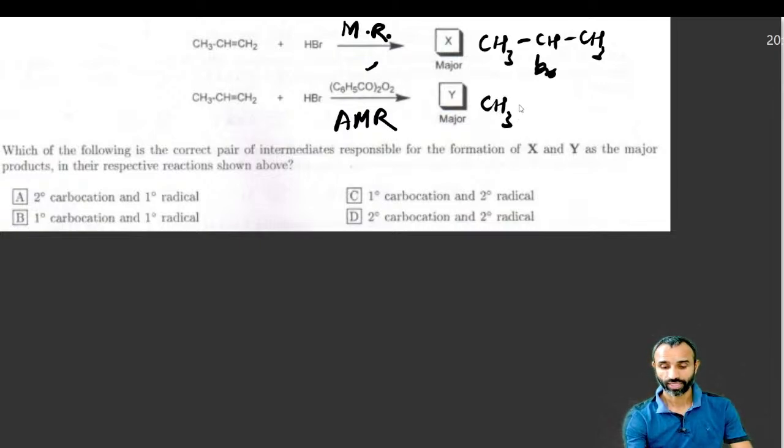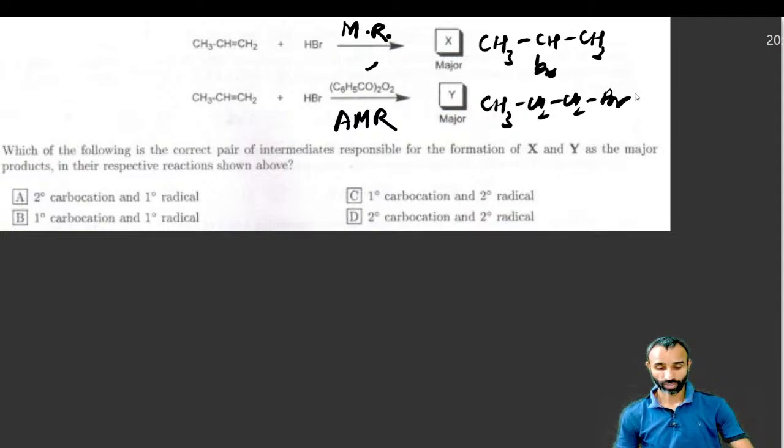In the second case, we get the other product. Which of the following is the correct pair of intermediates responsible for the formation of X and Y as the major products in their respective reactions?